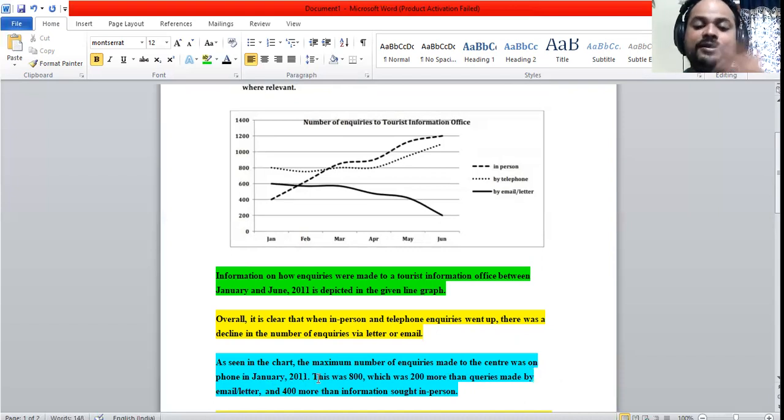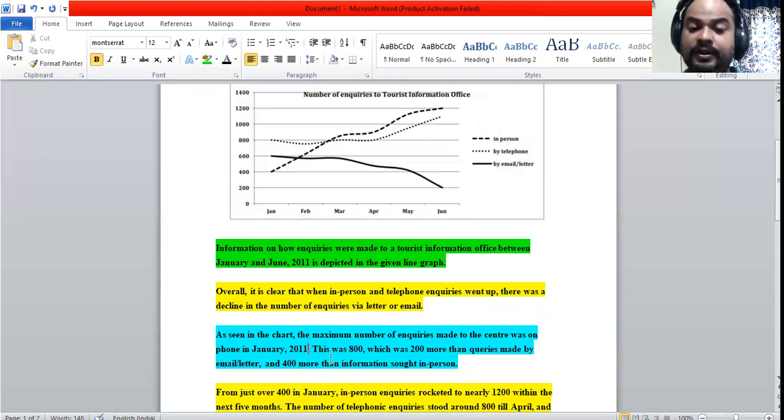This was 800, which was 200 more than the queries made by email, and 400 more than the information sought in person. It's very important to add the time frame there when it happened. So that's what I added there. When it happened in January 2011 was not there, so I added it. The data is as per January 2011.